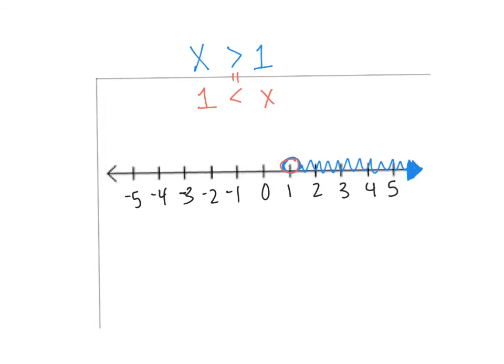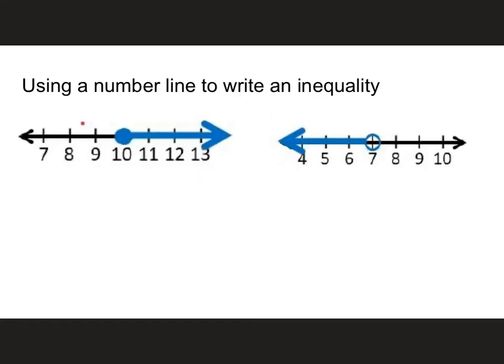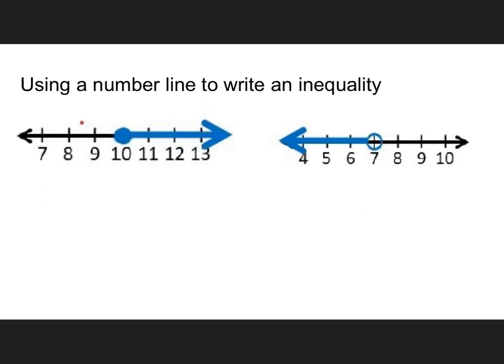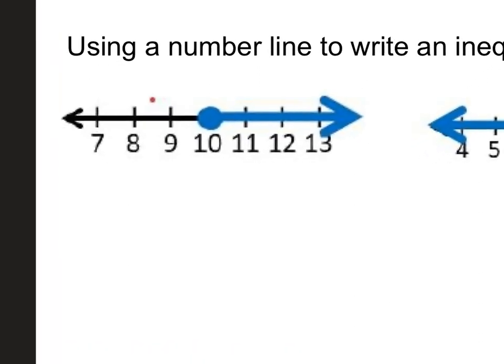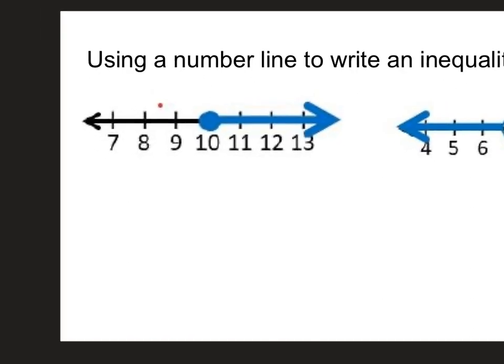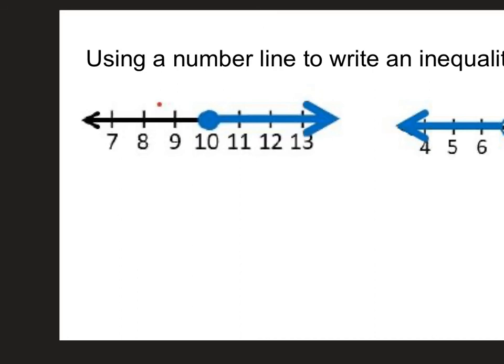All right, now let's go kind of backwards. We're going to use this number line to write an inequality from it. And we are going to use a variable. We'll stick with x. So we're going to start off with x. And this is going to be a closed dot, which means it's going to either be less than or equal to or greater than or equal to, right?